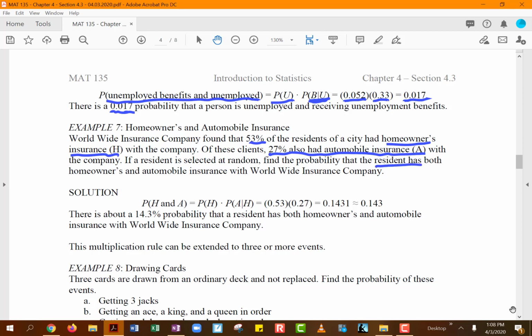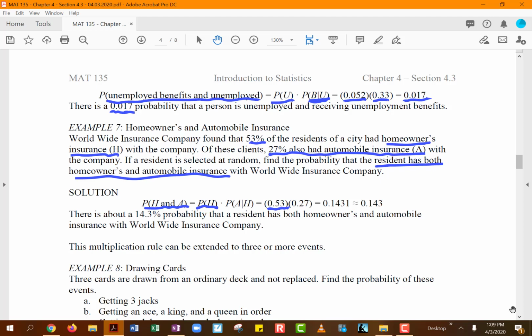So the idea is if we select one of these residents at random, what is the probability that the resident has both homeowners and automobile insurance with this insurance company, right? So you're talking about having both homeowners and automobile insurance. So homeowners insurance would be the first event, and that's a probability of 53% or 0.53.